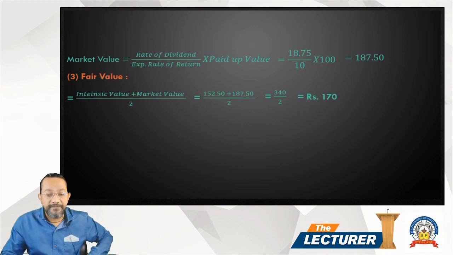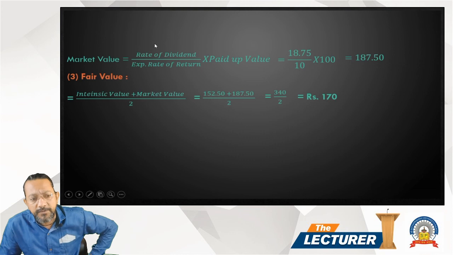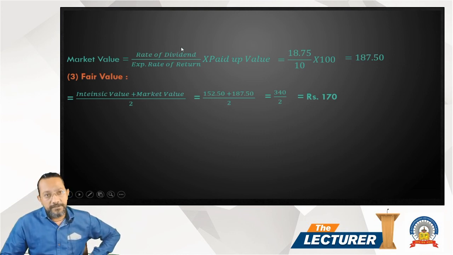Clear, friend? So in the valuation of shares as per fair value, you need to calculate first the intrinsic value of equity shares, then the market value based on earning, rate of dividend or rate of earning as the case may be, and then you calculate the fair value of shares.